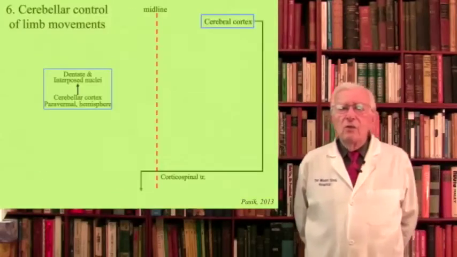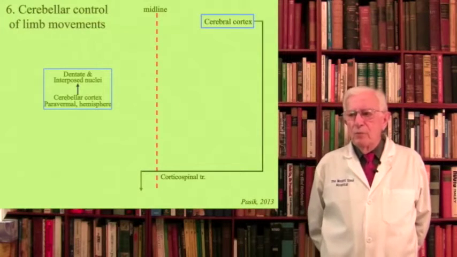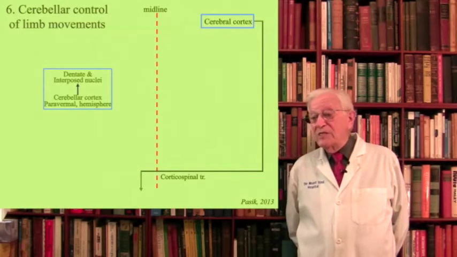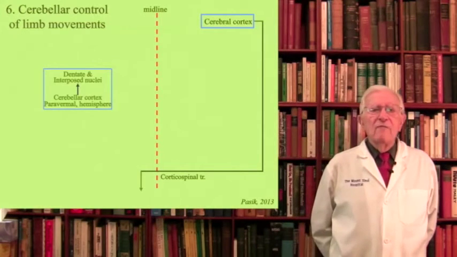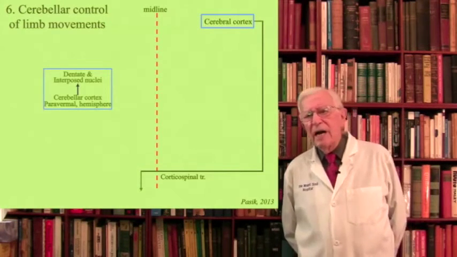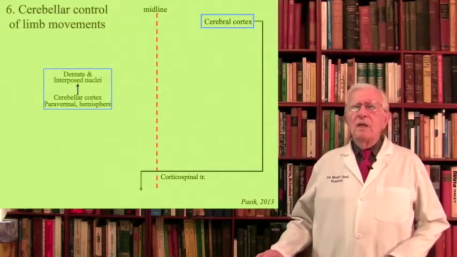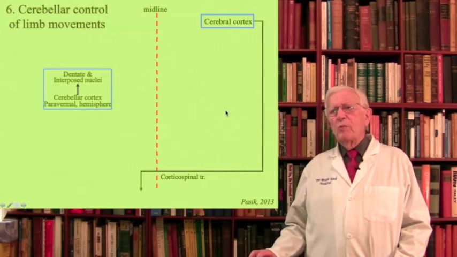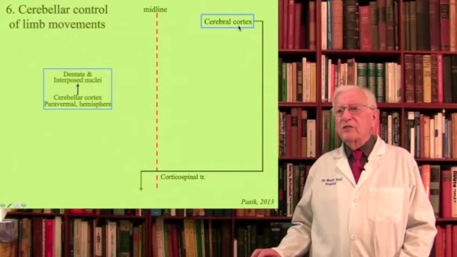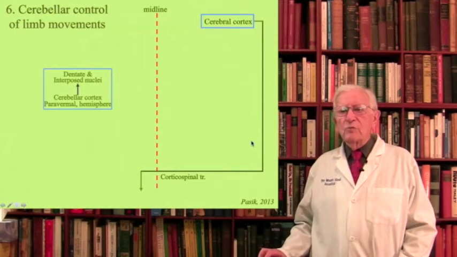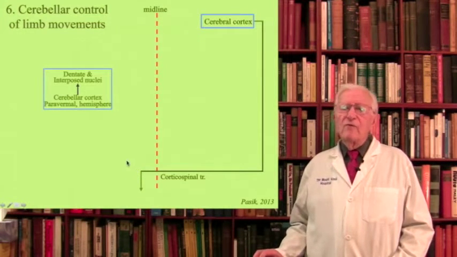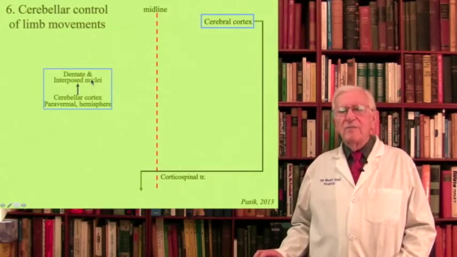All right, now we go into the cerebellar control of limb movements. Remember that we'll do it separately for limb movements and for trunk or axial movements. Now in this case, we trace the midline and we put on the one side the cerebral cortex with the corticospinal crossing at the level of the lower medulla. And then on this opposite side is the cerebellum.